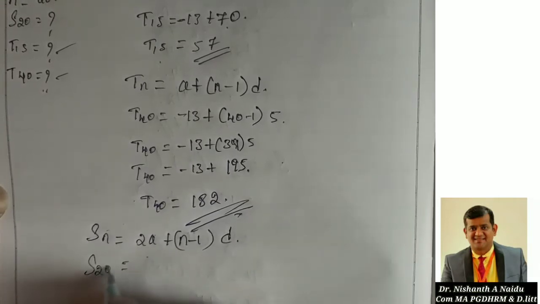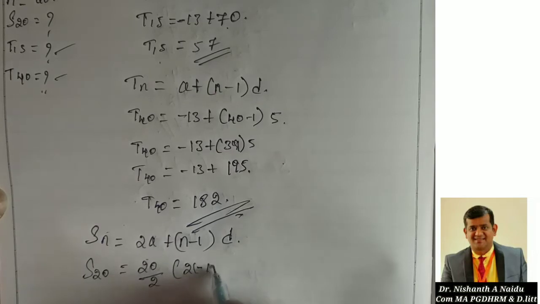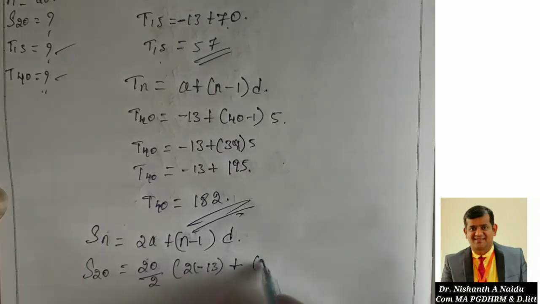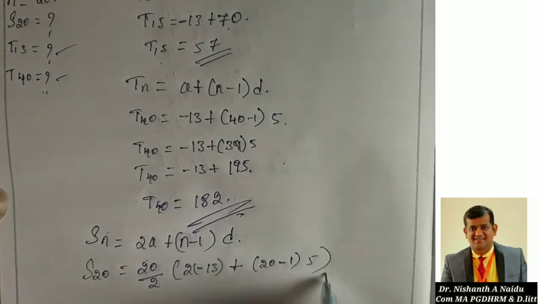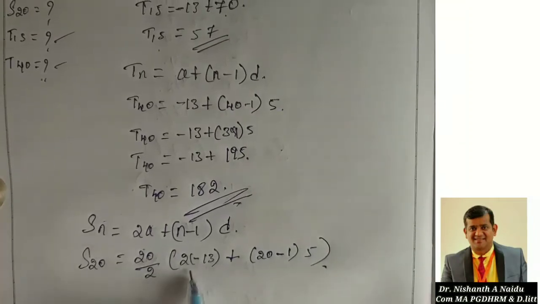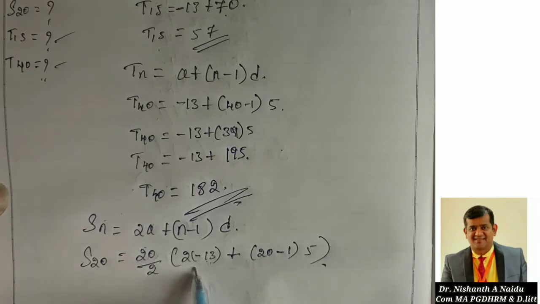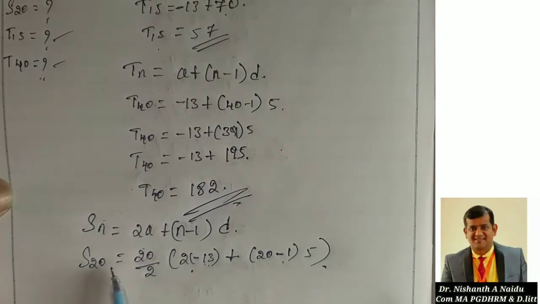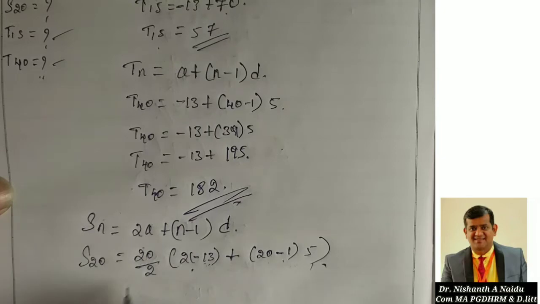So S20 equals 20 divided by 2 into 2 into minus 13 plus 20 minus 1 into 5. 2 into minus 13 because it is 2a. 20 minus 1 because we need to identify the 20th term, so n minus 1 into d value we have applied here.